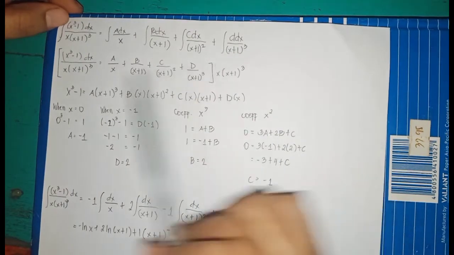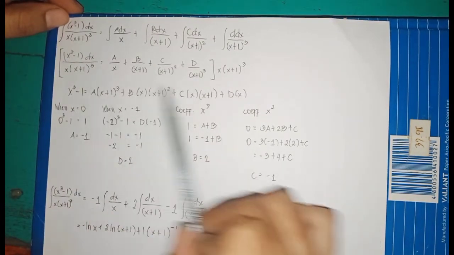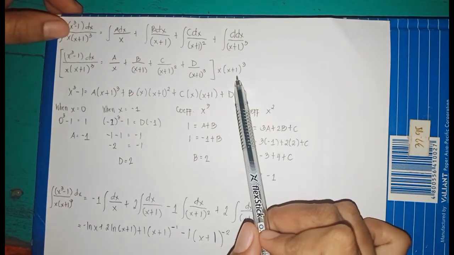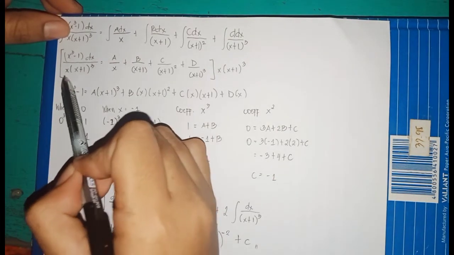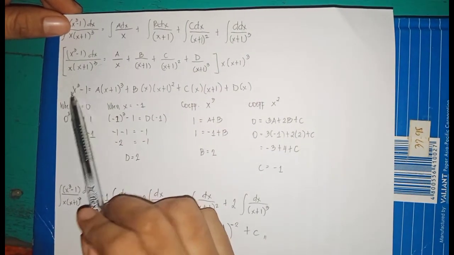So we write it like this, and then this will be cancelled. So what remains is x cubed minus 1.